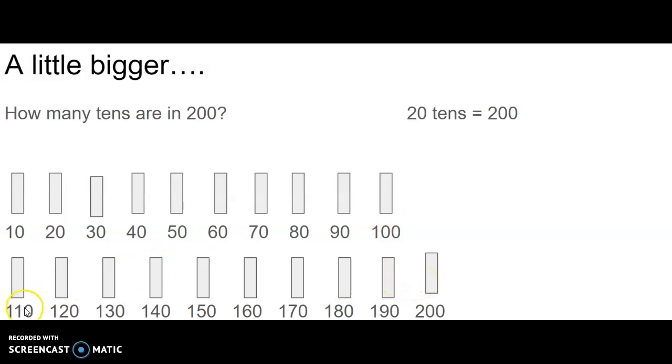So I add on 110, 120, 130, 140, 150, 160, 170, 180, 190, 200. There are 10 tens in each 100, so 10 tens plus 10 tens is 20 tens, and that equals 200.